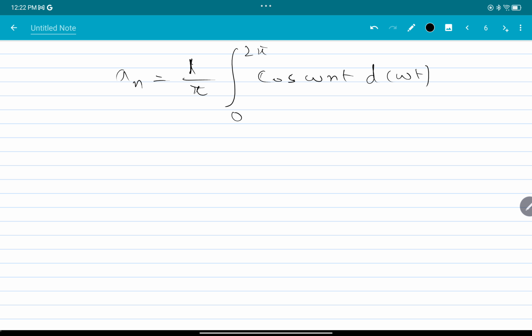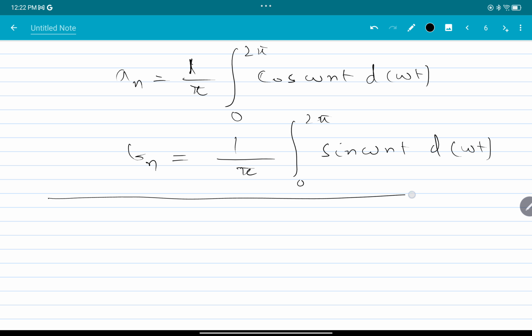This is for an. Similarly, bn is 1 by pi, integral 0 to 2 pi of f(t) sine omega n t d omega t. Thus we have the coefficients of the Fourier expansion. We will continue with this in our third lecture.